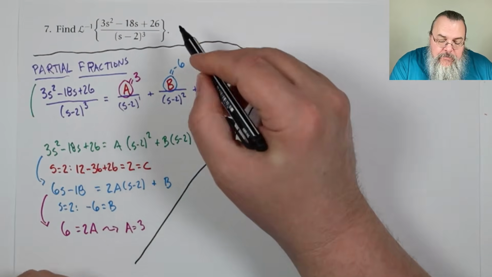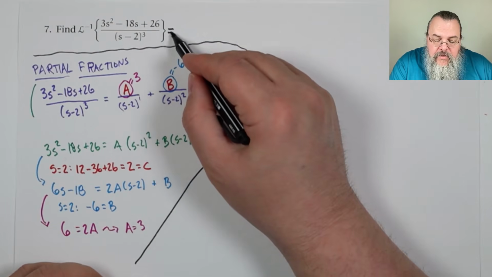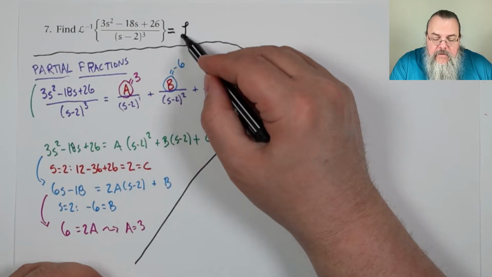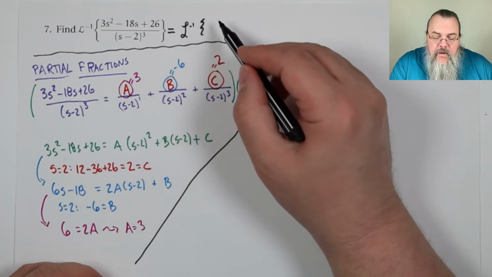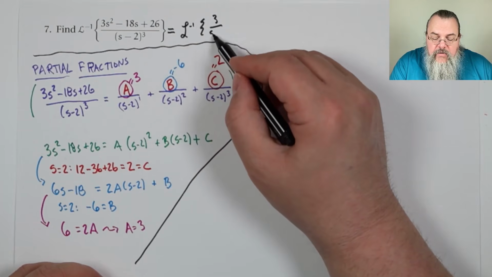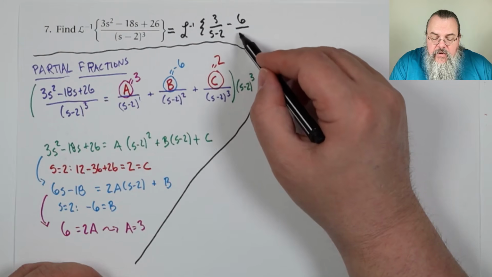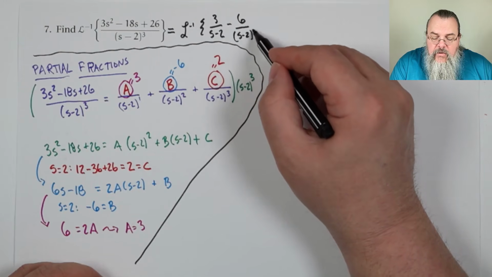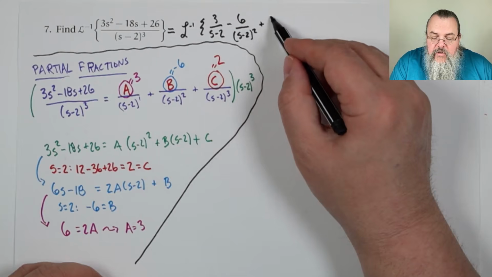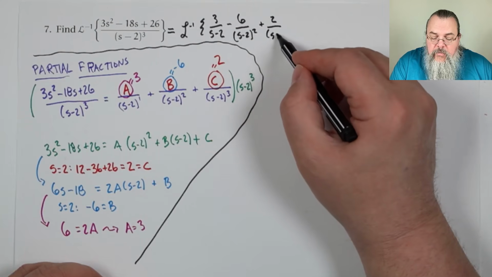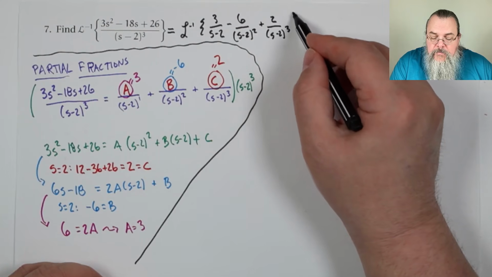So now let's update what we have. This is the inverse Laplace of 3 over s minus 2 minus 6 over s minus 2 squared plus 2 over s minus 2 cubed.